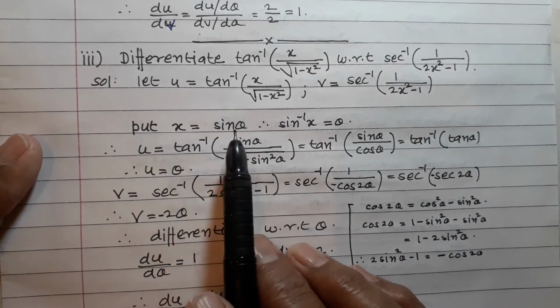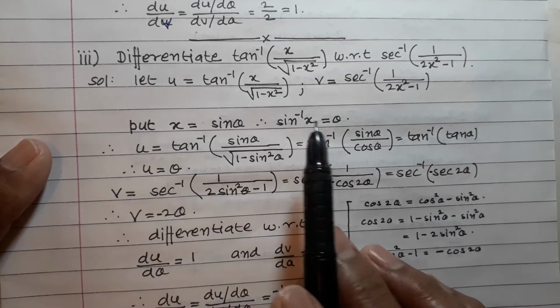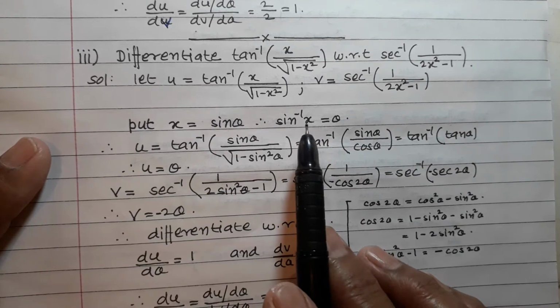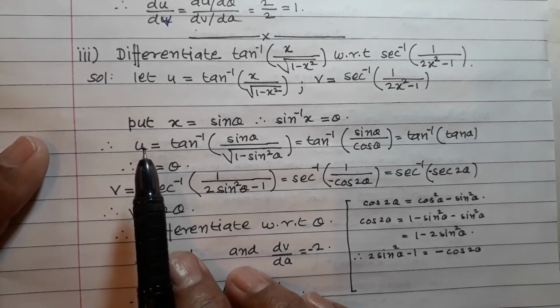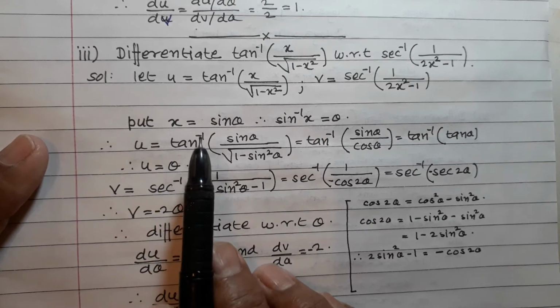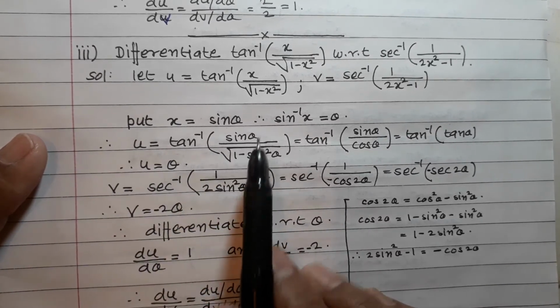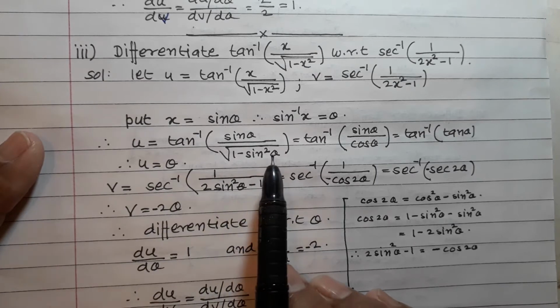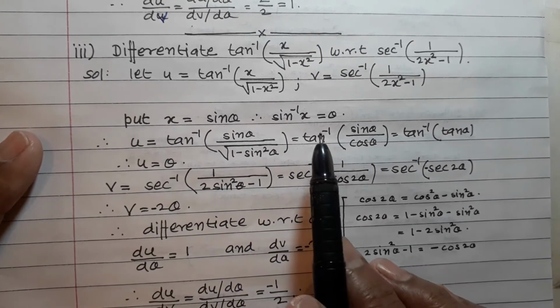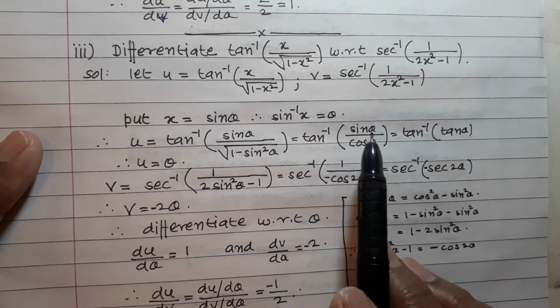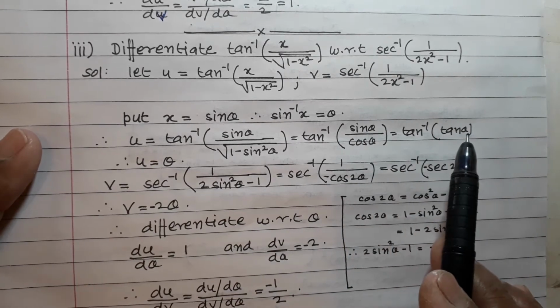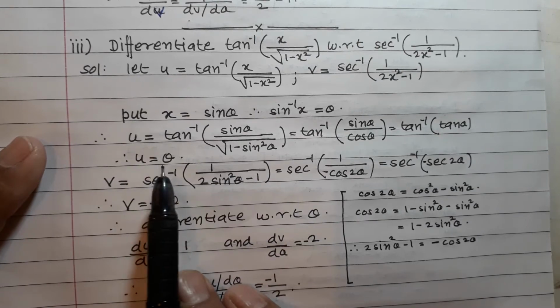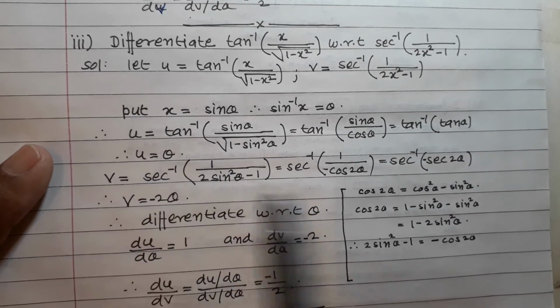Put x is equal to sin theta, sin inverse x is equal to theta, and therefore u is equal to tan inverse sin theta upon root 1 minus sin square theta, so it is equal to tan inverse sin theta upon cos theta, which is equal to tan inverse tan theta, and therefore u is equal to theta.